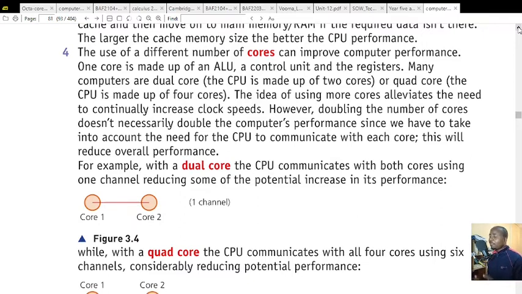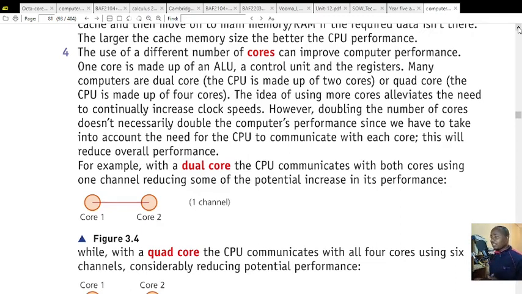So the high performance cores are always dedicated to those tasks that need a lot of processor time, a lot of resources in terms of maybe graphics. So if you are playing a game, the gaming program and the graphics that are needed, all these tasks related to gaming that you are doing are normally channeled to the high performance core.